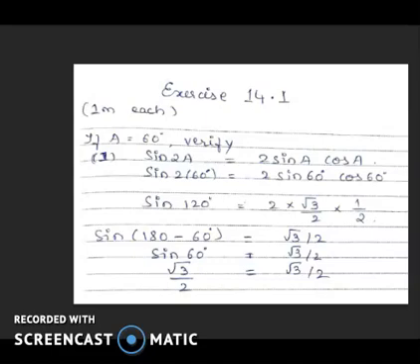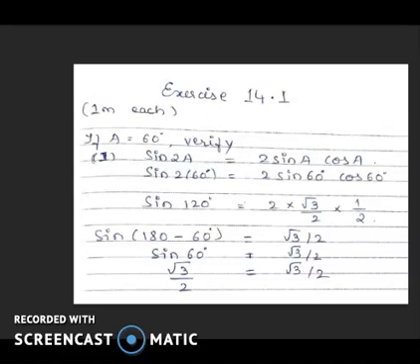Similar question from the worked example, and these are practice questions from exercise 14.1. 1 mark question. If A is 60 degree, verify sin of 2A is equal to 2 sin A cos A. Now here substitute A value as 60 degree in both sides simultaneously. 2 into 60 is 120 degree, which is equal to 2 into sin 60 degree, its value is root 3 by 2, and cos 60 degree is 1 by 2.